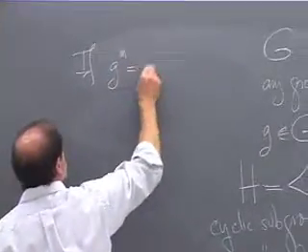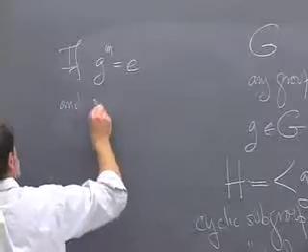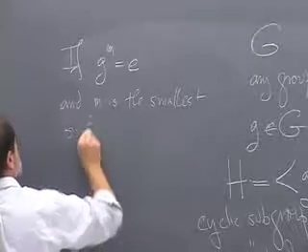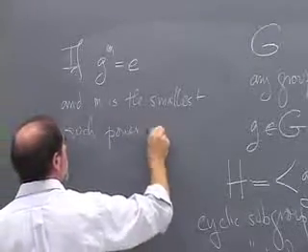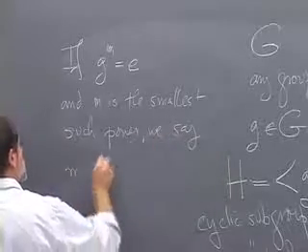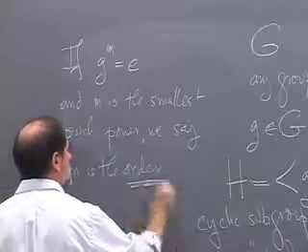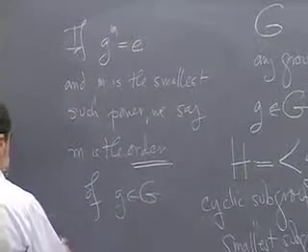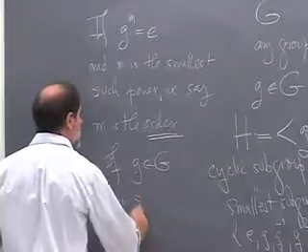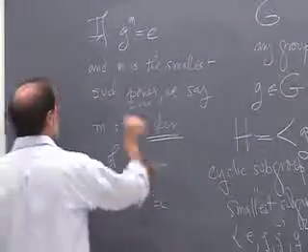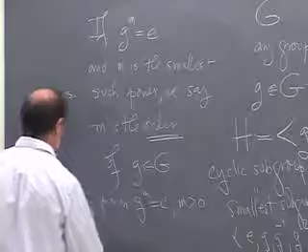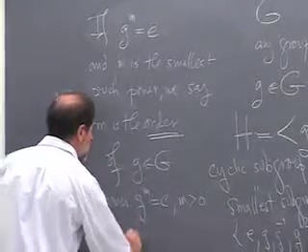So if g to the m is equal to the identity, and m is the smallest such positive power, we say m is the order of g in G. And if no power g to the m, for m greater than 0, equals the identity, we say g has infinite order.